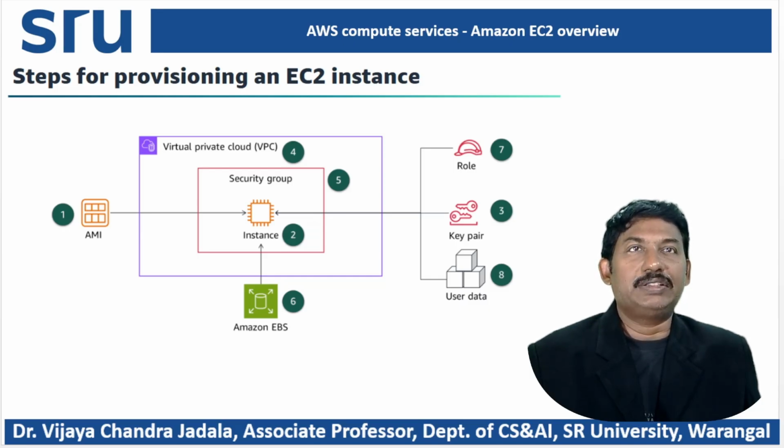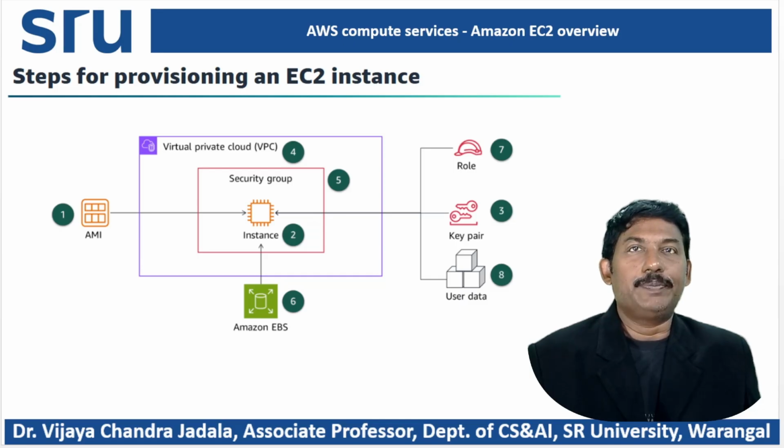Any operating system you can choose as an Amazon Machine Image, where this operating system has an option to be pre-installed on the EC2 instance. By choosing this operating system, you can install it on the Elastic Compute Cloud.